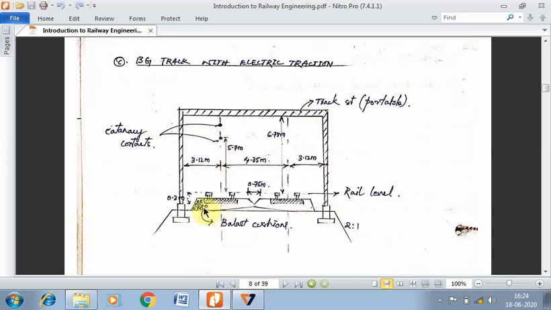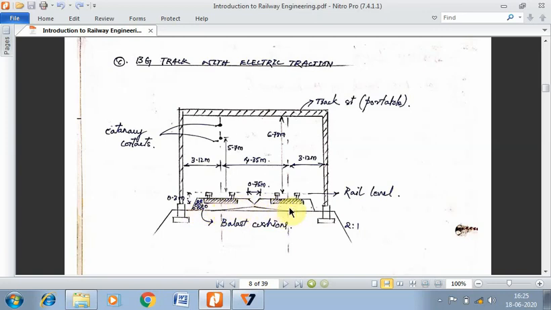Okay, so you have these two railway tracks separated by 0.75 meters from each other through the edge of the formation, and then below this you will be having the sub ballast cushion in case it is required, and then these two are the ballast cushions we have.